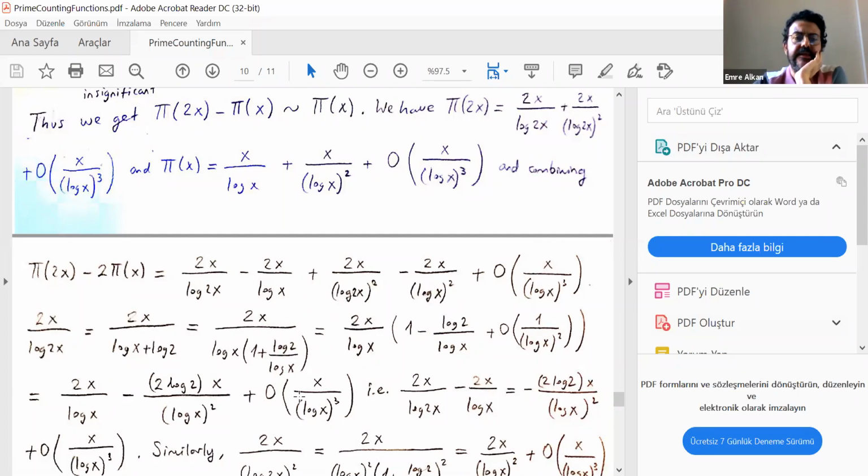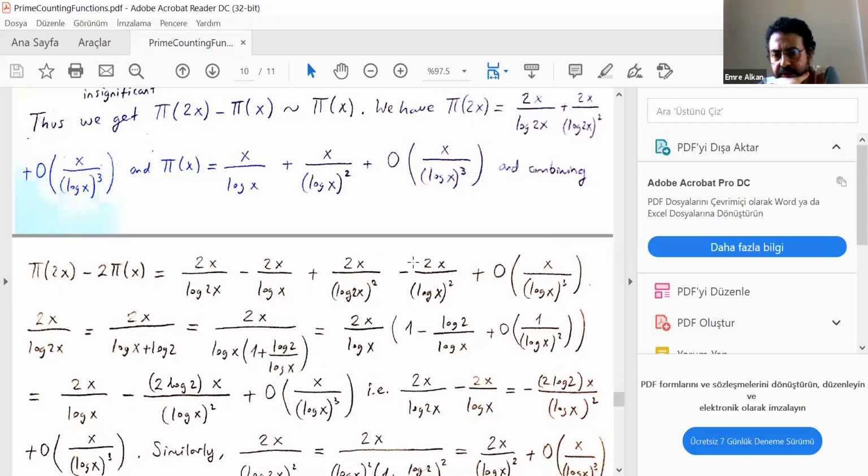So it is easily seen to be this: 2x over log x minus 2 log 2 times x over (log x) squared, you can see the secondary term, plus O. Of course, the 2 is not important for the O term, but you have an x and you have (log x) cubed because there is another log. So the O term becomes like this, O of x over (log x) cubed.